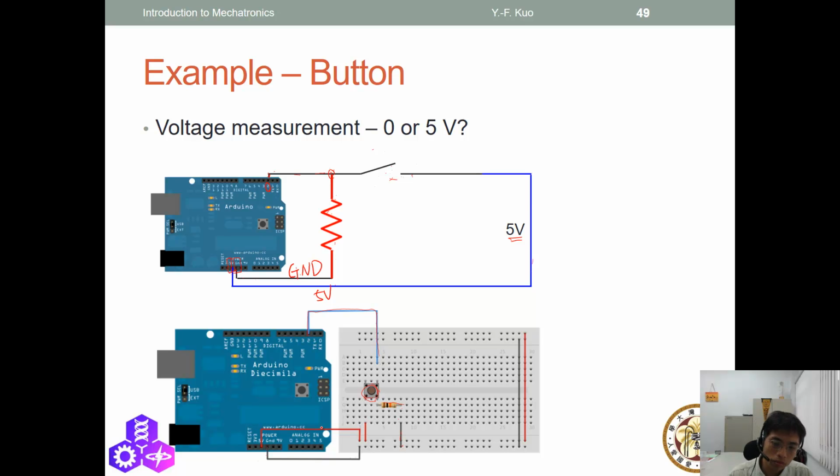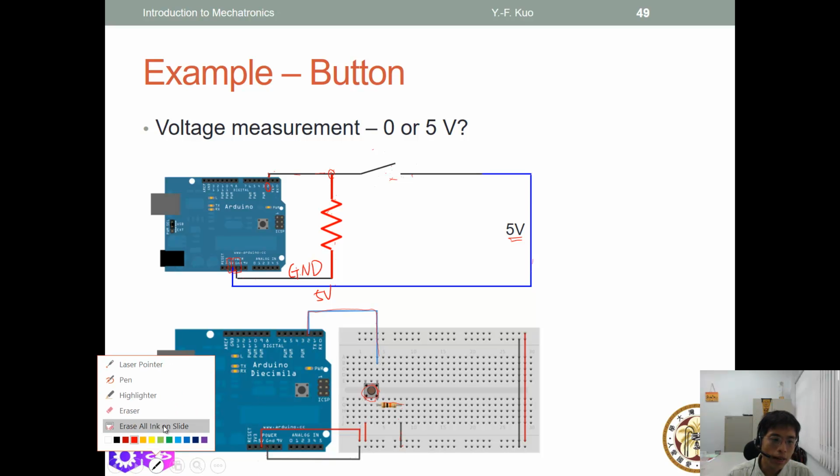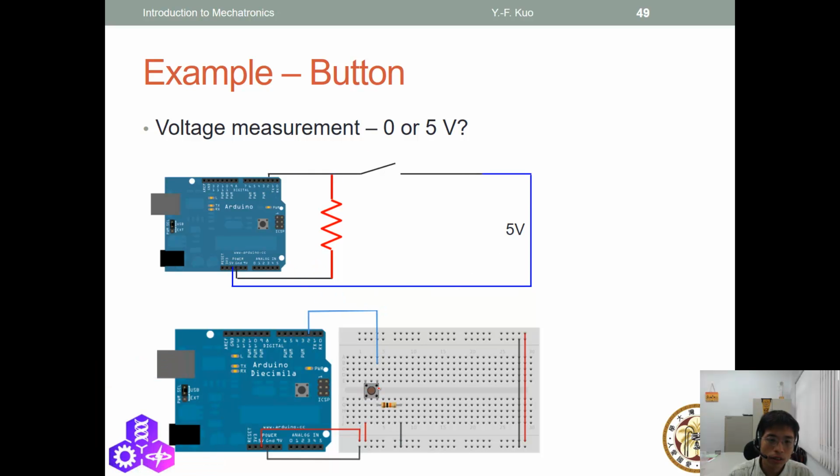Okay. Now, you may ask me a question like, so here is a switch. Now here's a button. That button has 4 pins. So we enlarge that button. That button has 4 pins, but this button has only 2 pins, right?